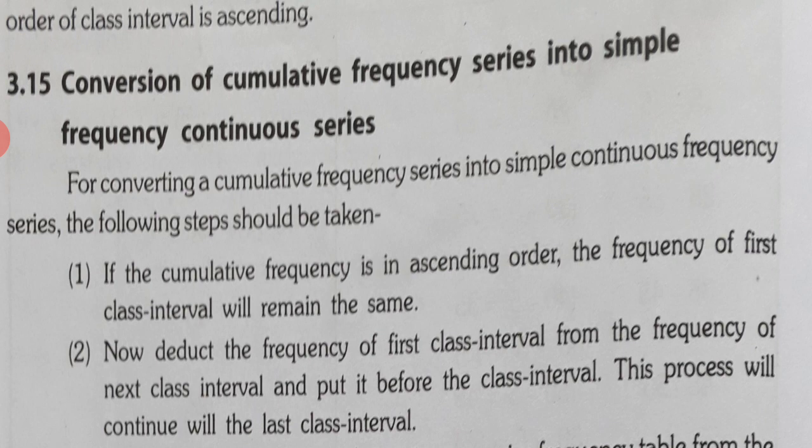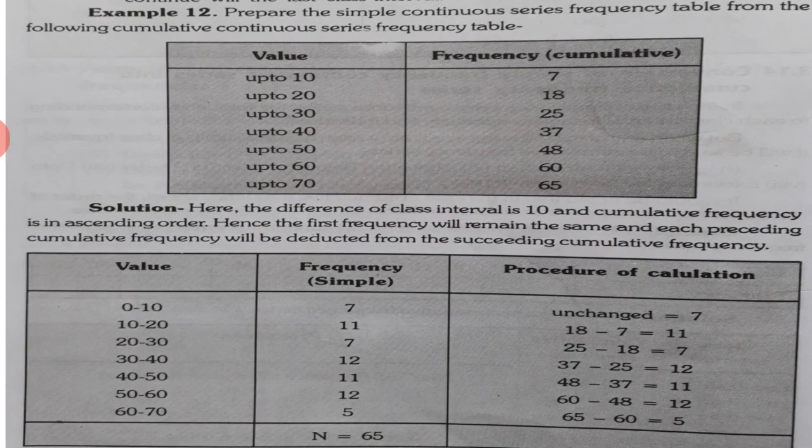First, if cumulative frequency is in ascending order, the frequency of the first class interval will remain the same. Now deduct the frequency of the first class interval from the frequency of the next class interval, and put it before the class interval. This process will continue up to the last class interval. For this, have a glance at example number 12.